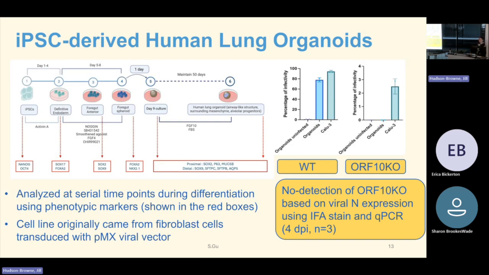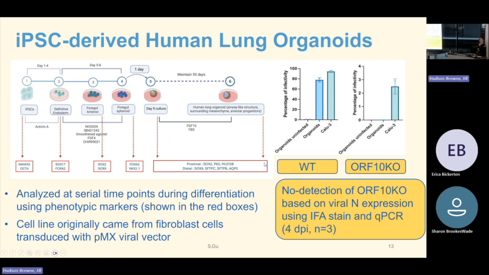Then we move on to the third model, which is the induced pluripotent stem cell-derived human lung organoid model. These cells were treated with specific chemicals so they can differentiate into the desired lung organoid structure. Along the pathway at several time points, we would assess differentiation using different phenotypic markers shown in the red boxes here.